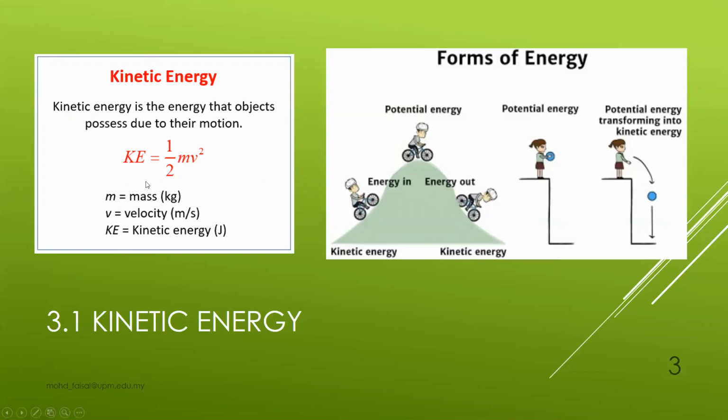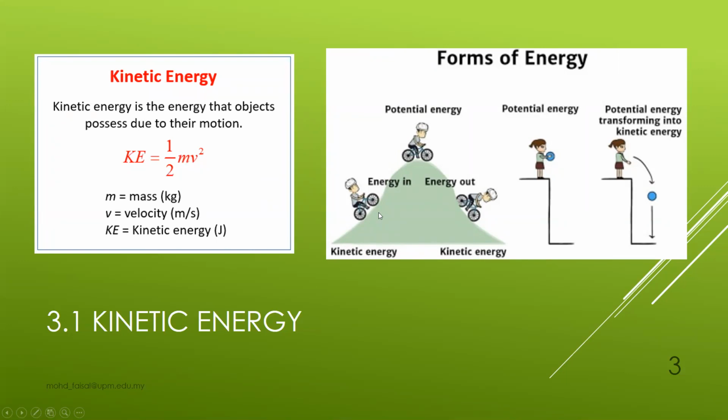So KE, or the kinetic energy, is equal to one half times the mass m times the velocity squared of that particular mass. Because for kinetic energy, the mass or the system must have some motion, and the kinetic energy we measure in joules.